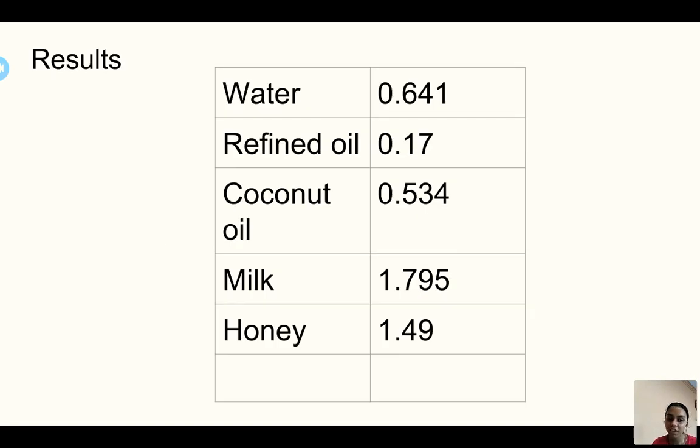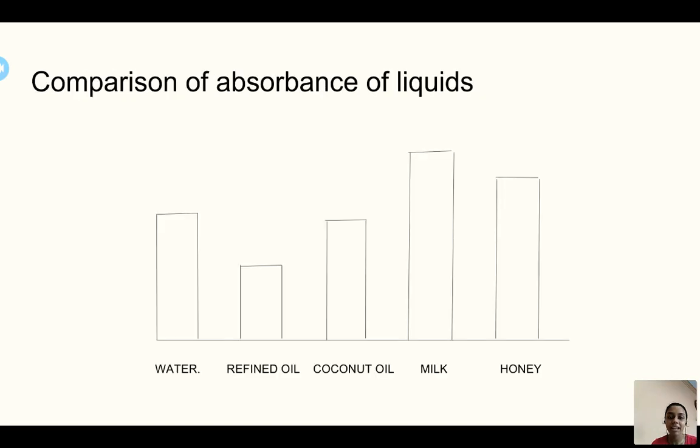So we get different results for different liquids, and the absorbance of water is 0.641, for refined oil is 0.17, and so on. So now let us compare the absorbance of these liquids. So we see that the refined oil has the least absorbance and milk has the highest absorbance.